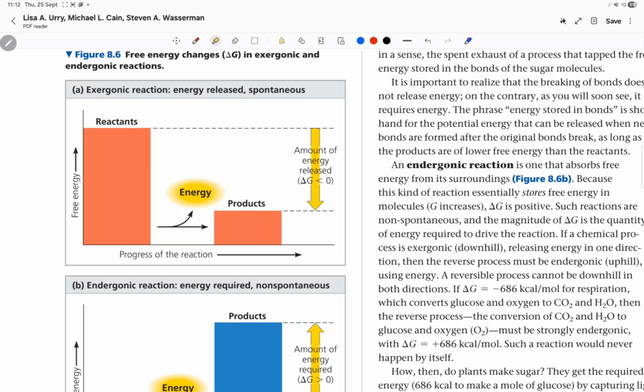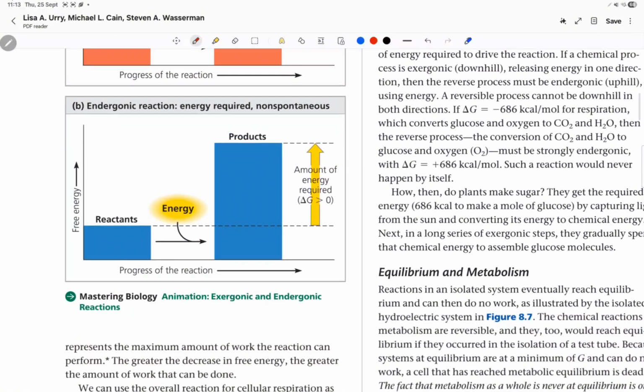So the sign of delta G matters a lot here, basically. So energy is released when the reaction is exergonic, when delta G is less than 0. Energy is released like the case with cellular respiration, to give us lots of ATP. But when energy is absorbed, like the case of photosynthesis, that's when delta G has to be more than 0.